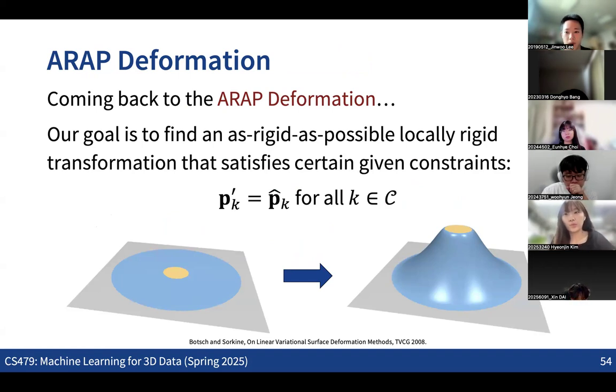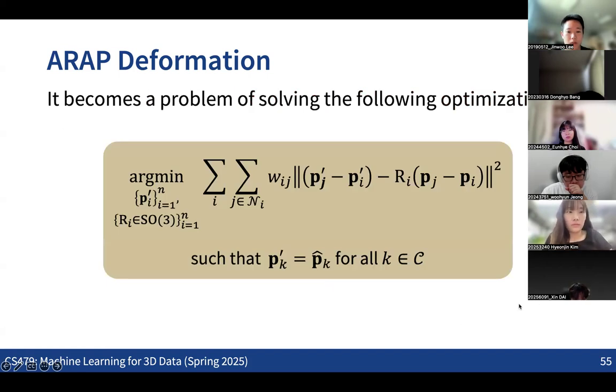So we want to fix all the vertices in the gray area here while moving the yellow vertices upward, while making a locally rigid deformation for all the middle area, in terms of choosing the vertex positions for the light blue area here, right? So that becomes a complicated optimization problem, where we are minimizing with respect to both the positions of all the vertices and also the rotation defined for each vertex.